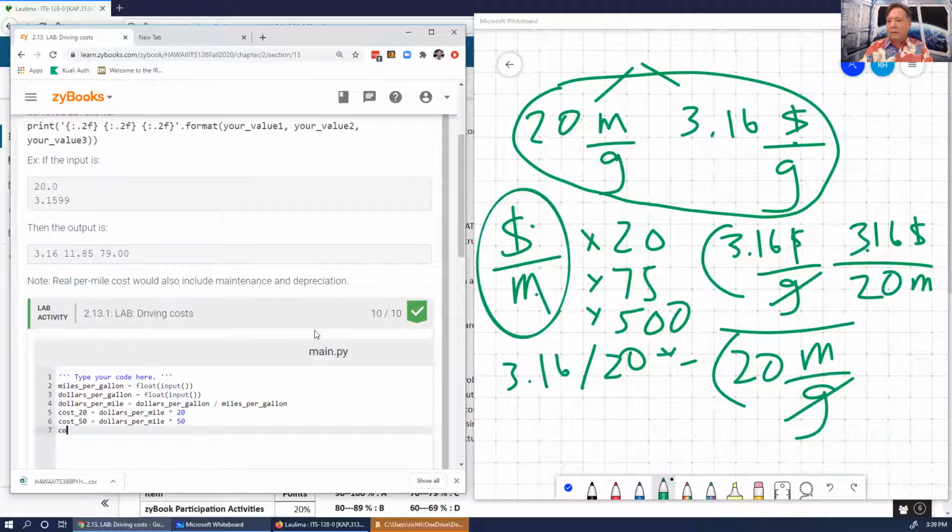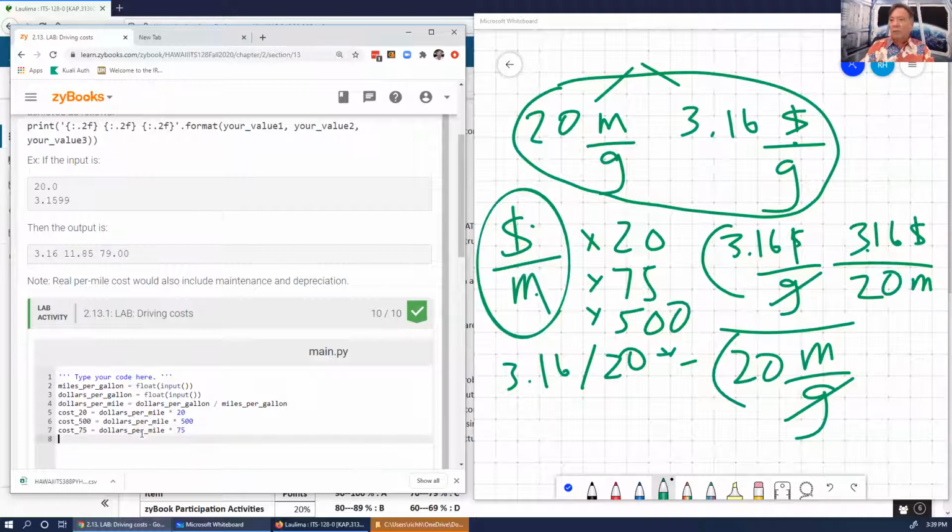Oh, 75. Got it. Cost 75 equals dollars per mile times 75.